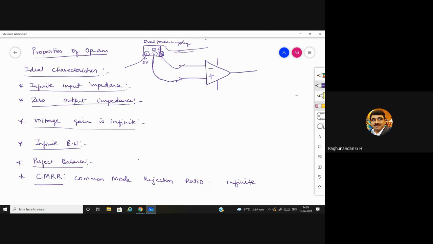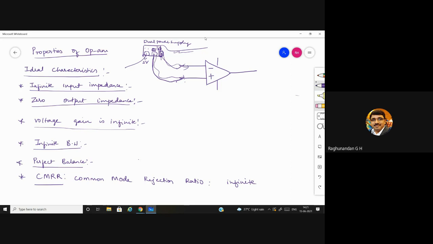So even though the display will be showing 0 volt, 0 volt, that means we have not set any input voltage, so we have set it to 0 volt and connected here. But because of this internal noise present in the power supply, that noise will be commonly added to both these terminals, and that signal will be flowing through these terminals.